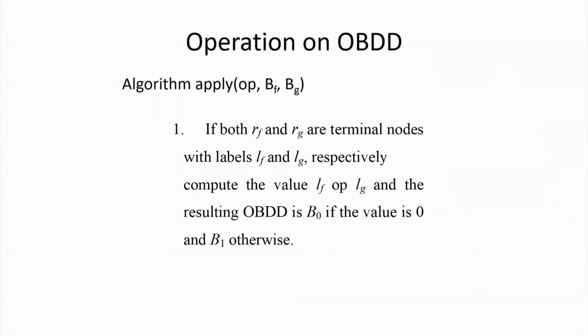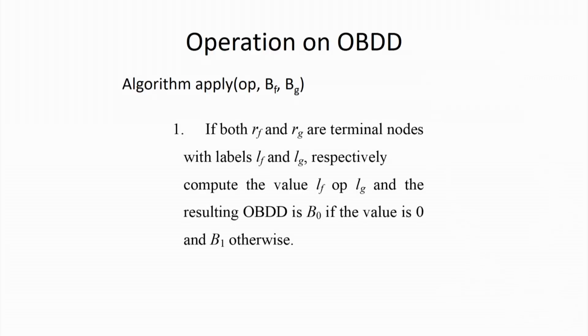Similarly, this is BF, BG, and this is also x with 0. What it says is when both BF and BG are terminal nodes.